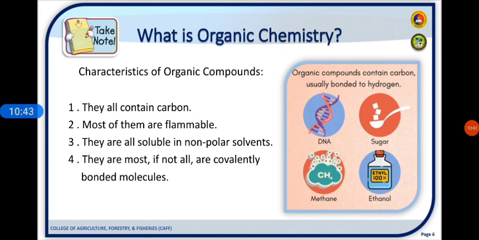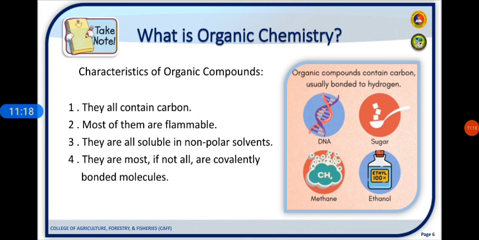So what were my examples before? I have mentioned carbides, carbonates, and cyanides. Although they contain carbon in their compounds, they are not considered organic compounds because they are not derived from living organisms. I hope you get that.